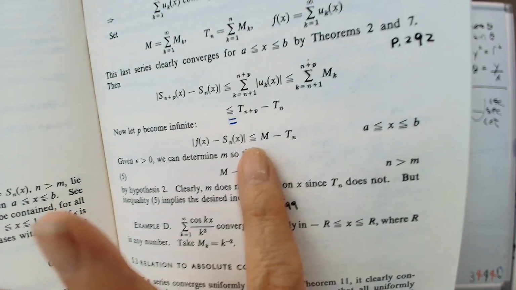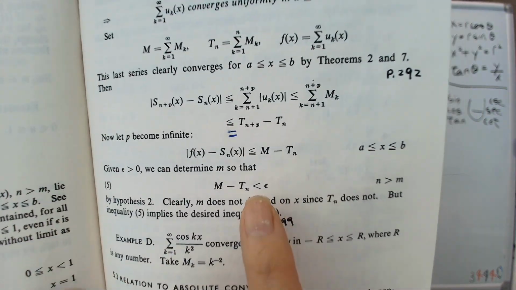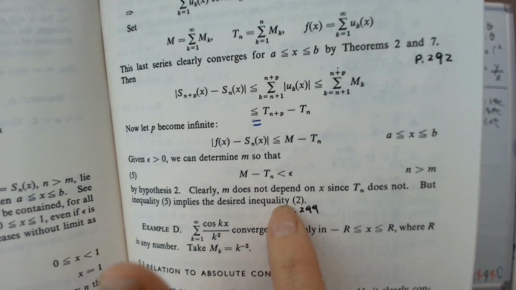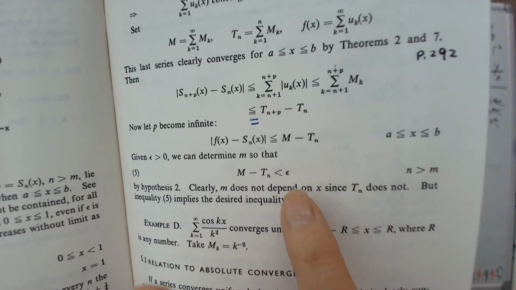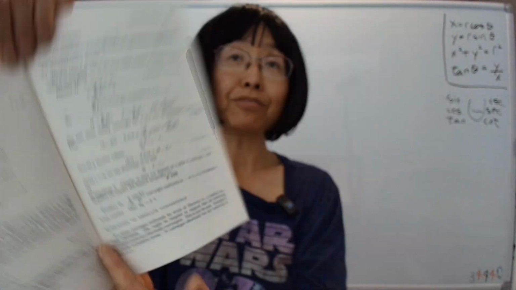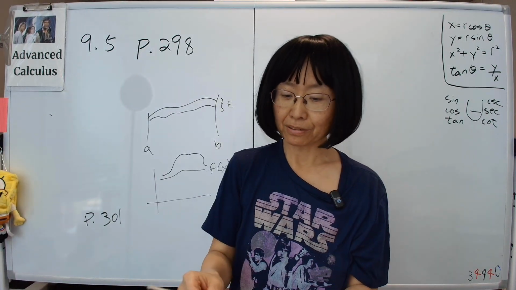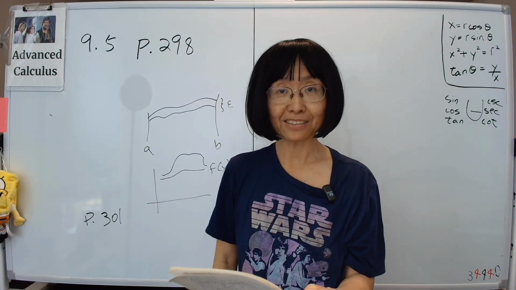Which means this function, f(x) and its partial sum, differs by less than epsilon for every single x. Being that we don't even talk about x here, this is true for every single x, and therefore the theorem is proved, which is a rather neat trick, right?